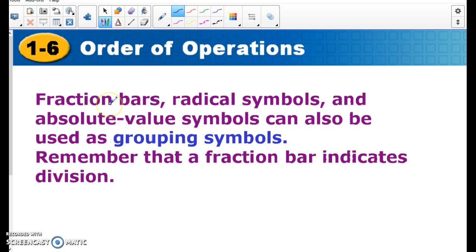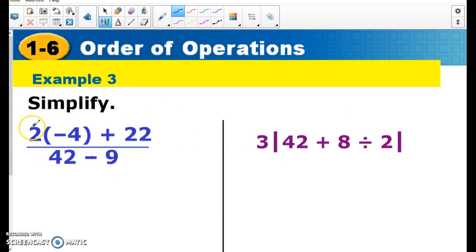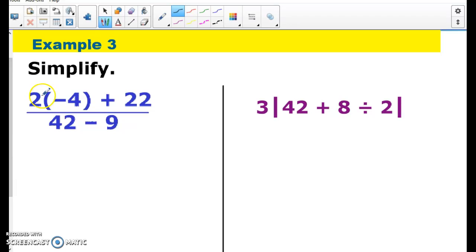Fraction bars, radical symbols, and absolute value symbols can also be used as grouping symbols. And remember that fraction bars just mean divide. So we still treat it the same way. We're going to do anything that counts in that order of operations. So here I would do my multiplication first on the top.